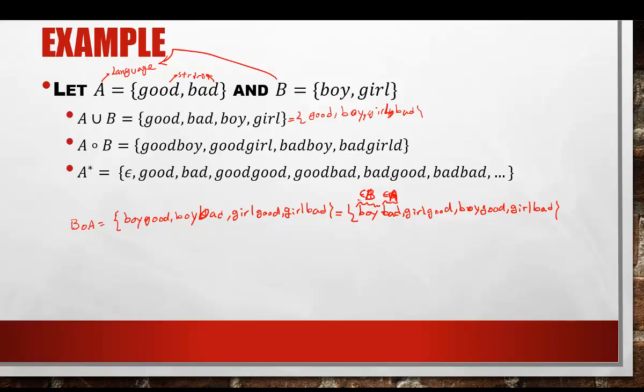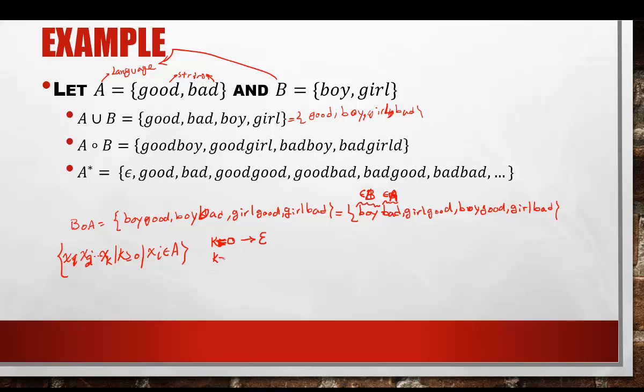And finally, with the star operation, remember we said that A star is the language that has all of the strings in it that are of the form x sub 1, x sub 2, up to x sub k, for every k, positive and 0, such that x sub i is a member of A. What that means is that when k is equal to 0, the member is going to be epsilon, or the empty string.